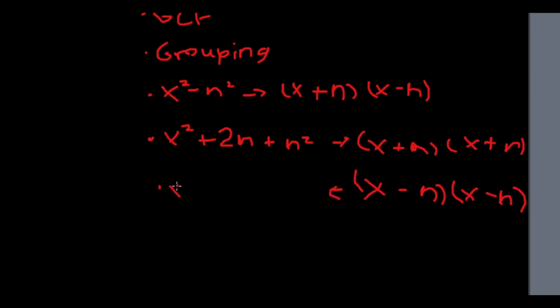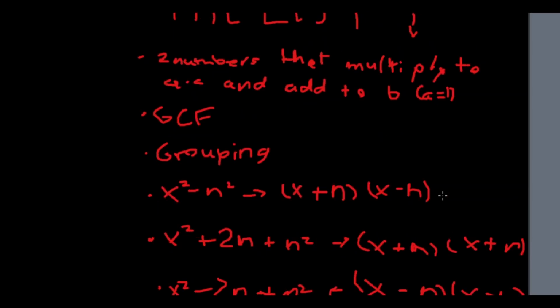Now, it might be tempting to say, okay, x times x stays the same. We have minus 2n, and then we have minus n squared, right? But remember, negative times negative equals positive. So negative n times negative n is the same thing as positive n times positive n. So it would actually be x squared minus 2n plus n squared.